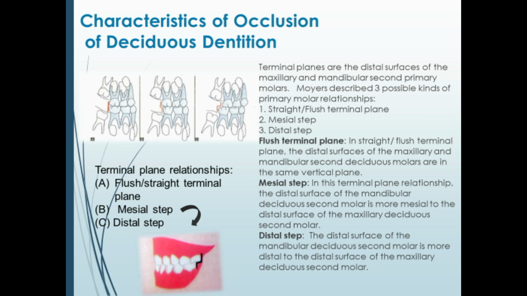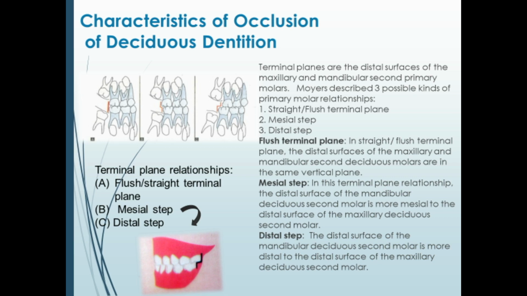This difference in the dimensions makes the distal surfaces of both maxillary and mandibular deciduous second molars fall in the same vertical plane in centric occlusion. Such an arrangement is called flush terminal plane. Flush terminal plane is considered to be the ideal kind of molar relationship in the primary dentition.